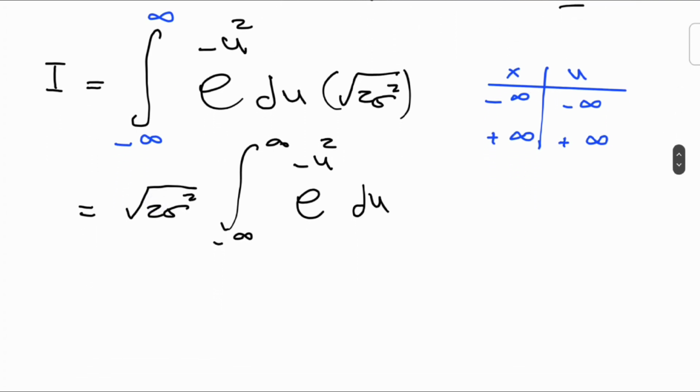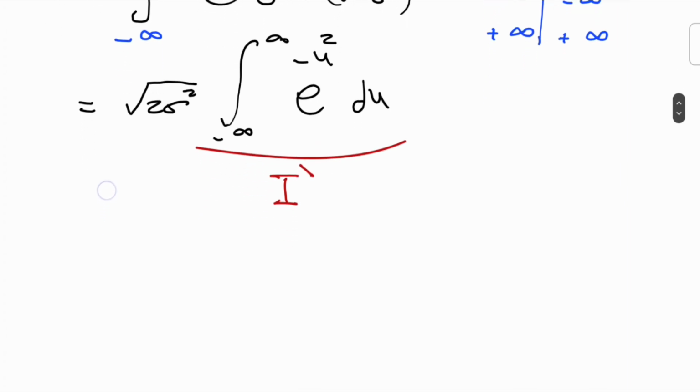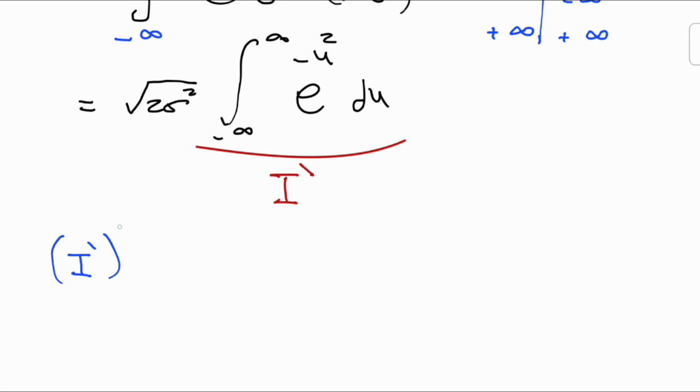Now we need to evaluate this integral. Let's call it I prime. The value of I prime is again very hard to calculate, so the trick is actually to square I prime.